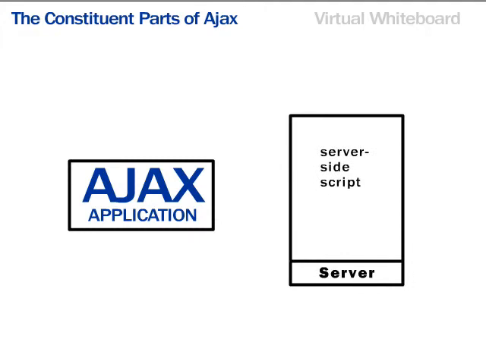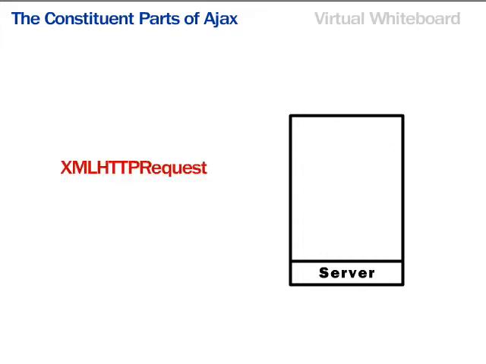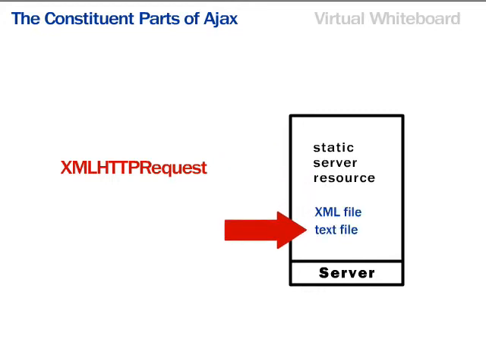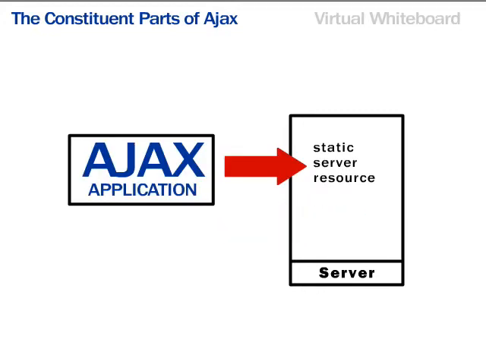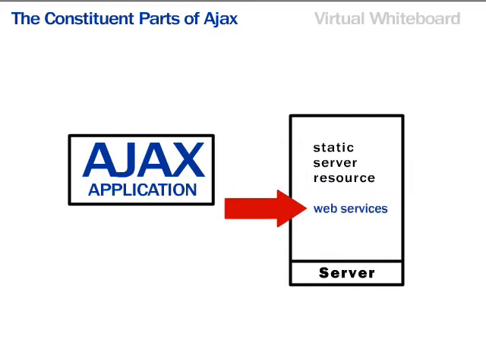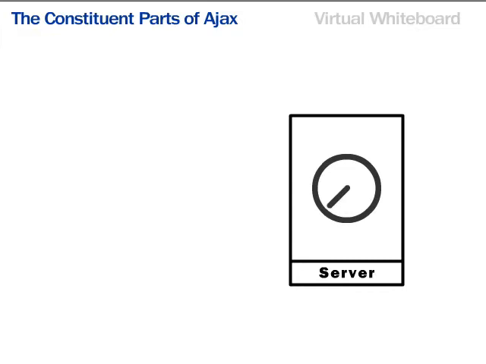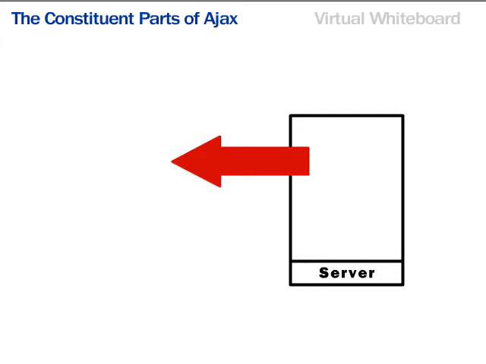It's possible to build simple Ajax applications with no server-side scripting at all, simply by having the XML HTTP request object call a static server resource, such as an XML or text file. Ajax applications may make calls to various other server-side resources, such as web services. Once notification is given that an asynchronous request has been successfully completed, you may then utilize the information returned by the server.